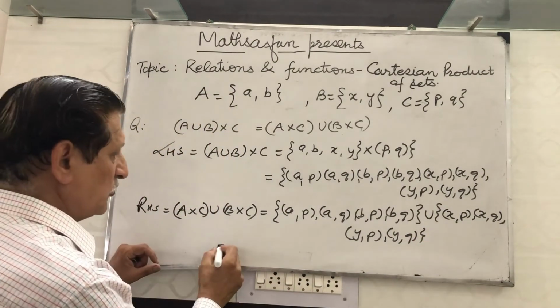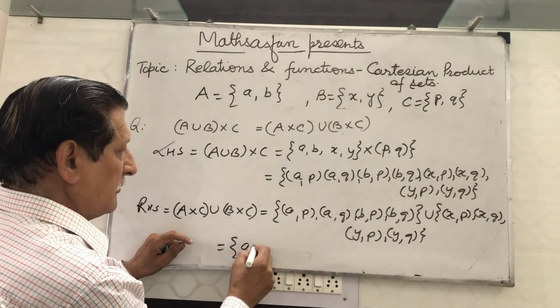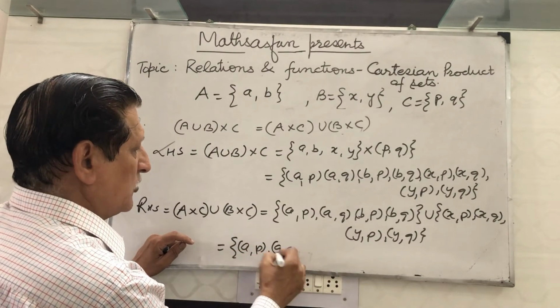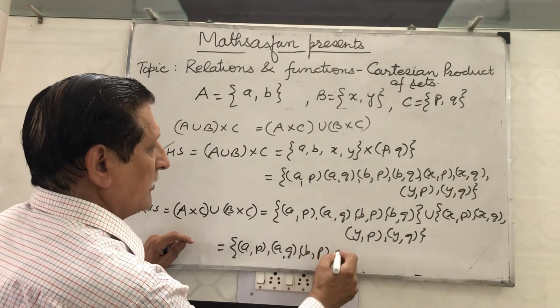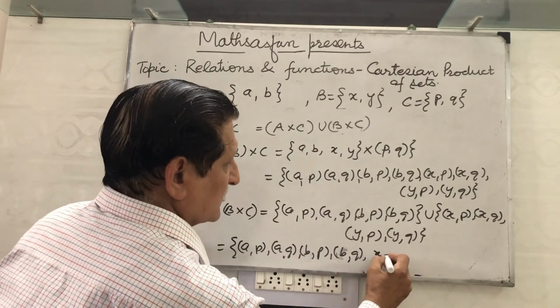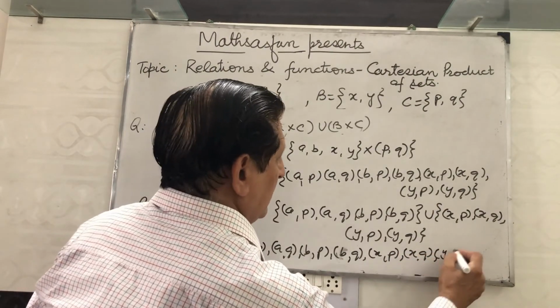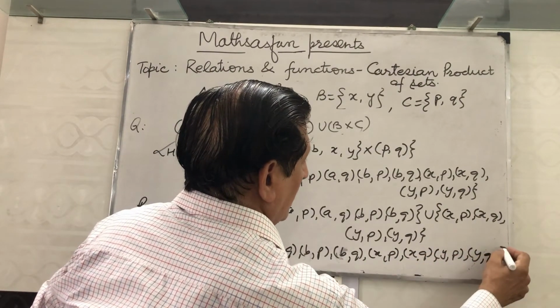And if we find the union of them, there is no common in them, so they are coming AP, AQ, BP, BQ, then XP, XQ, YP, YQ.